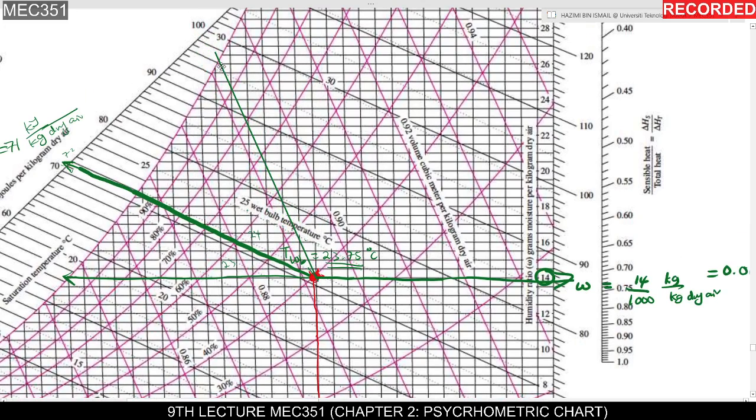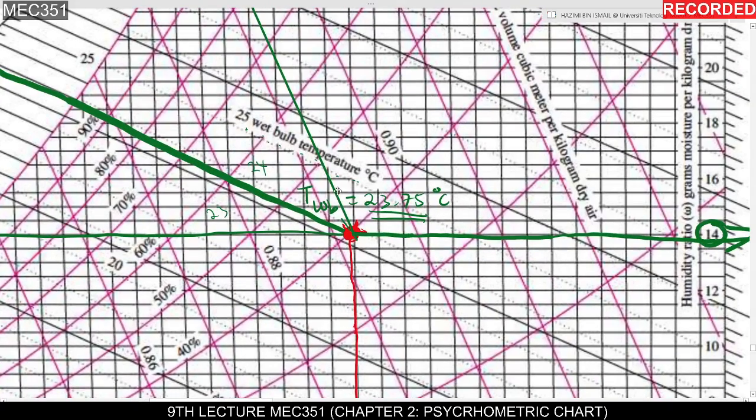So you have to make a line parallel to this line. And you find here we have 0.9 and 0.8. So our line is between 0.88 and 0.9. This line here is 0.89, right?